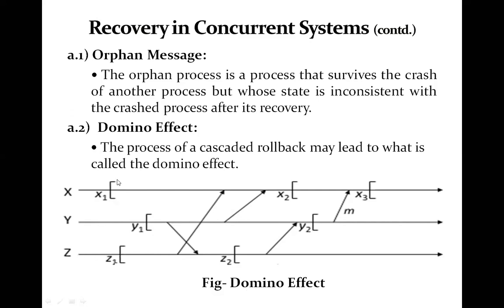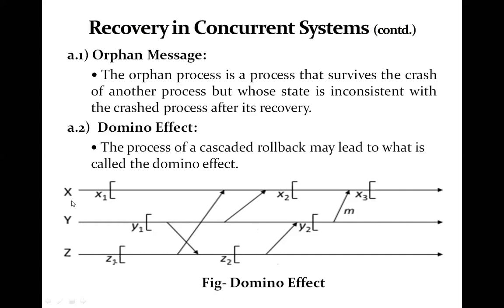And this bracket symbol represents a mark of the recovery point to which a process can be rolled back in the event of failure. We have three recovery points of process X, two recovery points of process Y, and two recovery points of process Z. These recovery points are referred to as X1, X2, and X3, Y1, Y2, and Z1 and Z2.